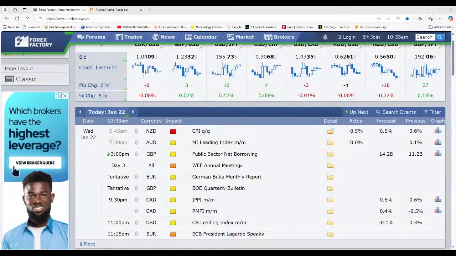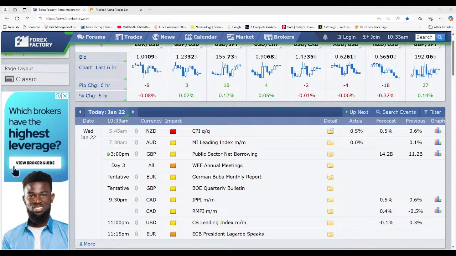With that, I think we move on to our live analysis. Today, I think there isn't any data. I know only the ECB president is going to give a talk. And this morning, early in the morning, New Zealand CPI came out quarter on quarter as expected.